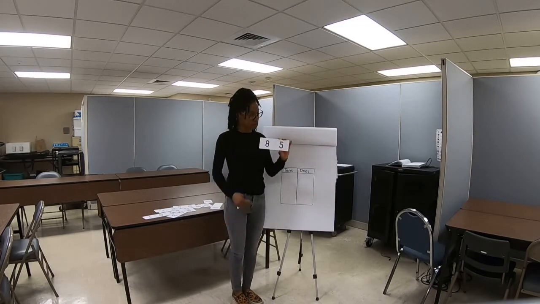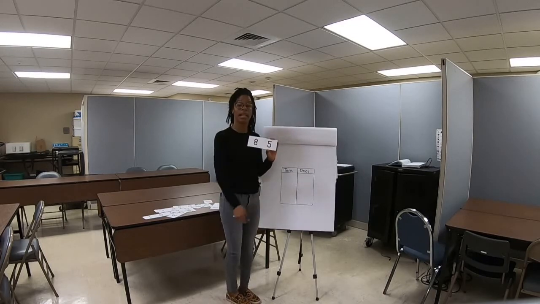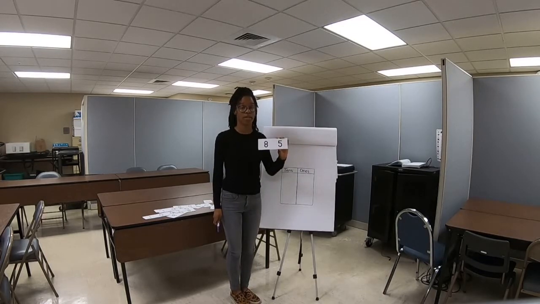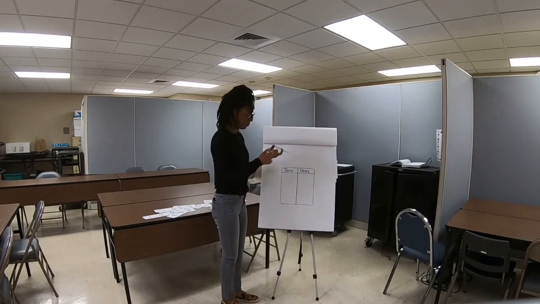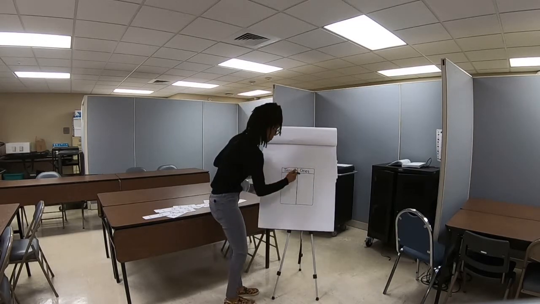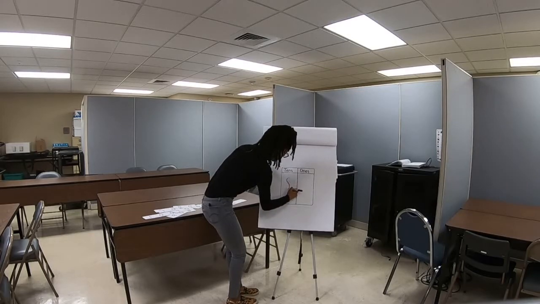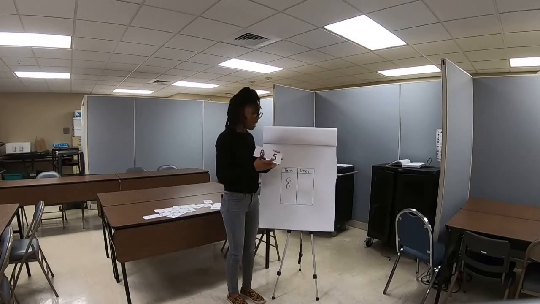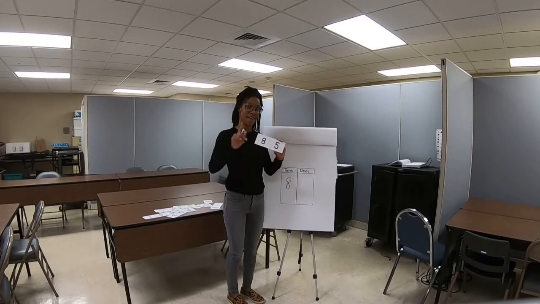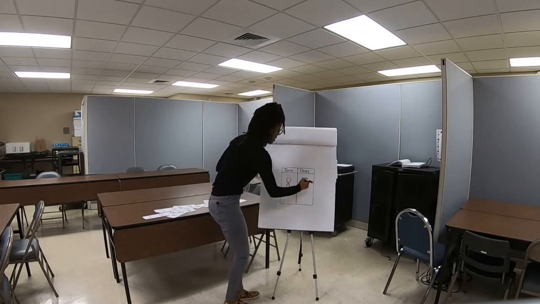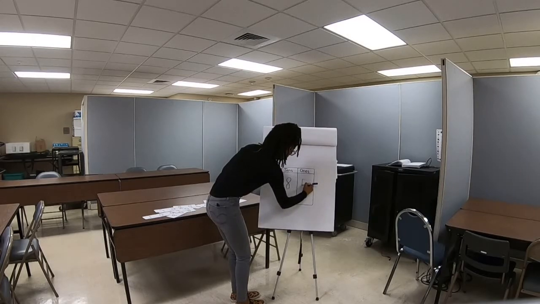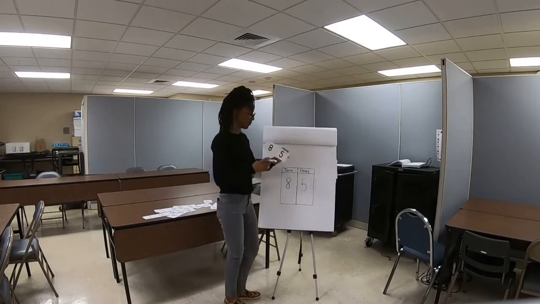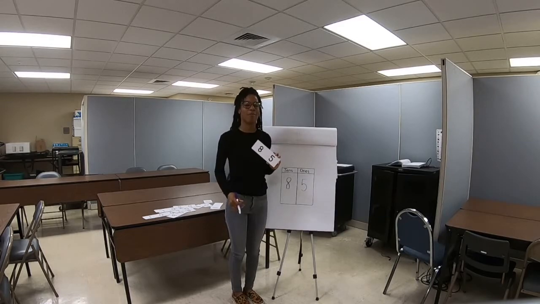So which number belongs in the tens place on our place value chart? The 8. Very good. 8 tens and how many ones? 5 ones. Awesome. 8 tens and 5 ones.